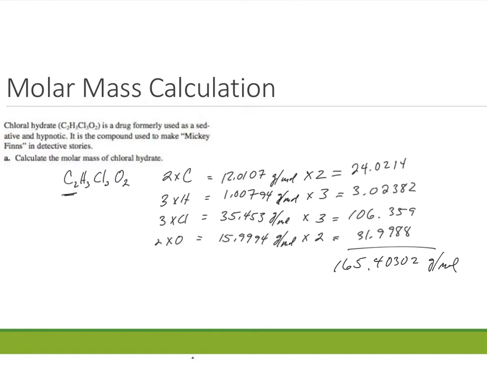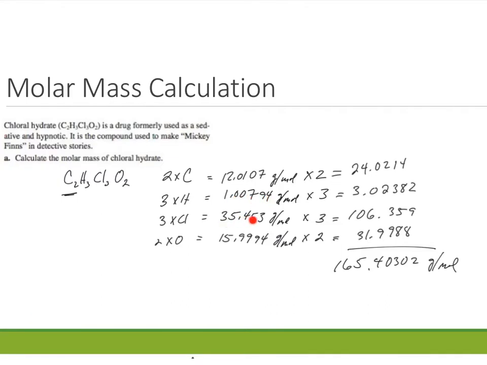So I start off with carbon. I've got 6 significant figures, and 4 decimal places. I've got 6 significant figures in the hydrogen, but to 5 decimal places.